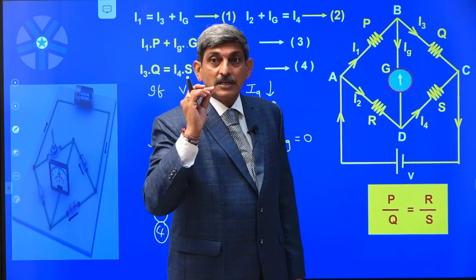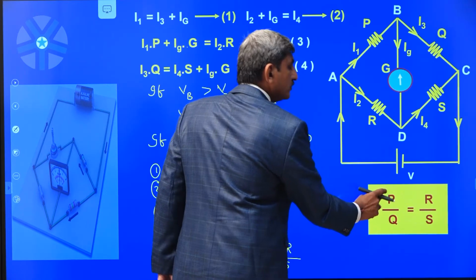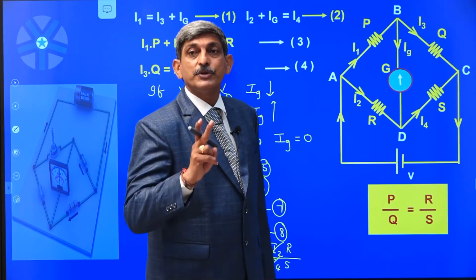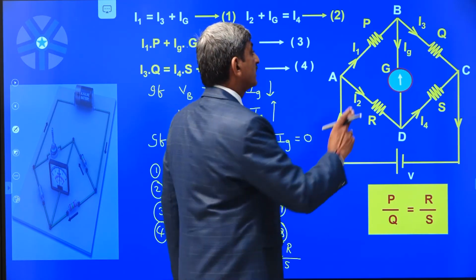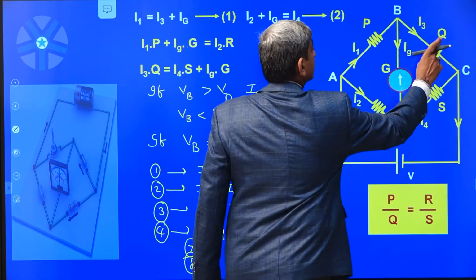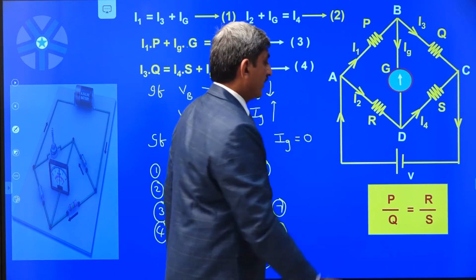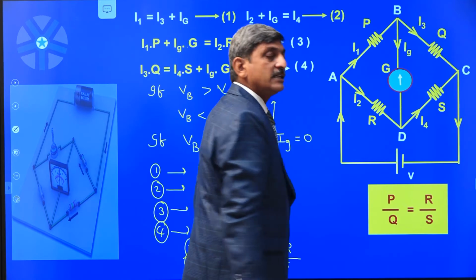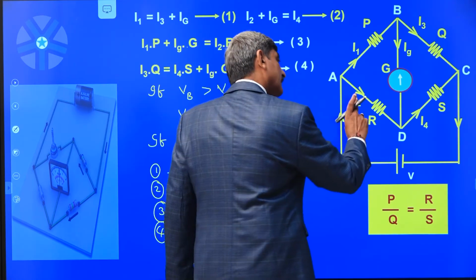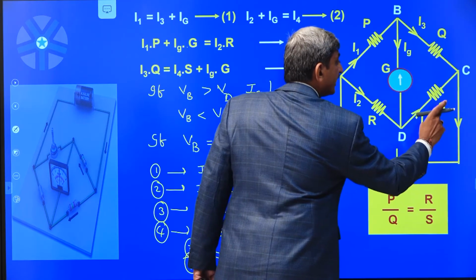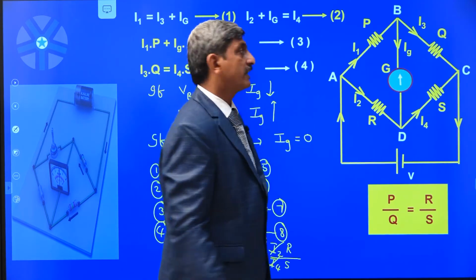So how to remember this formula? What is this P by Q? This P by Q is the ratio of the two resistors used in the left side and right side in the upper arms. Whereas this R by S is the ratio of the resistance values used in, again, left to the right in the lower arms of the Wheatstone bridge.